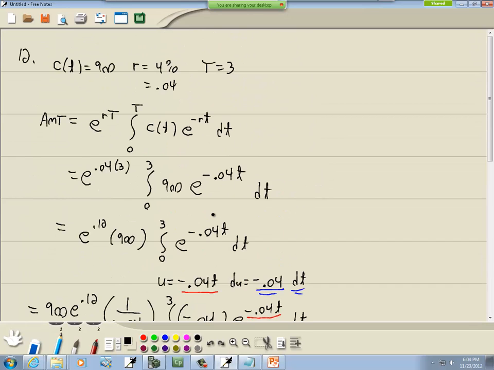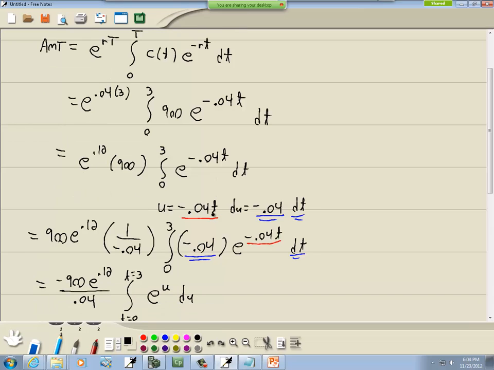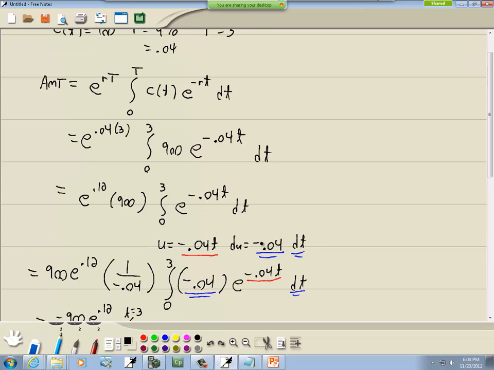Let's go check myself. Now, you have to be careful when you're plugging these into your calculator. In order to put it in accurately, you have to have everything inside of the integral. So we're going to be looking at this from 0 to 3, and I'll move the e to the 0.04 times 3, 900 e to the negative 0.04 t dt.